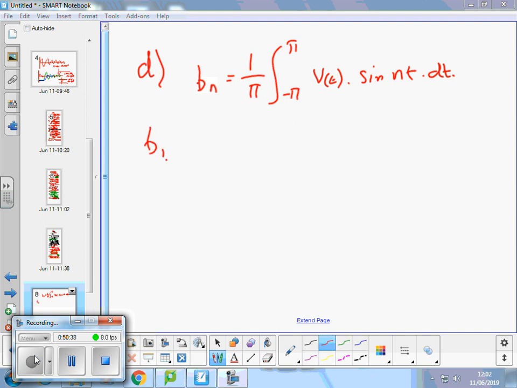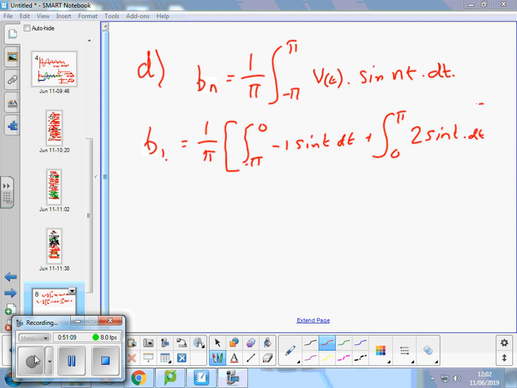B1 equals 1 over pi, integral between minus pi and 0 of minus 1 sine t dt, plus integral between 0 and pi of 2 sine t dt. Close the brackets.